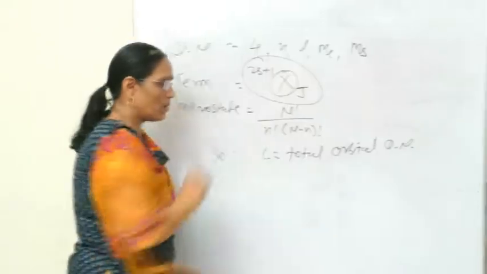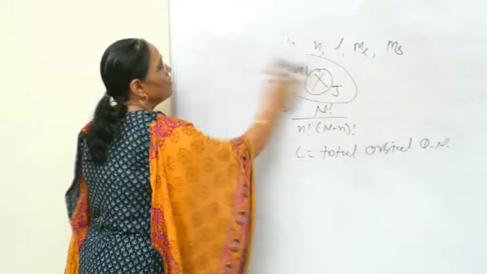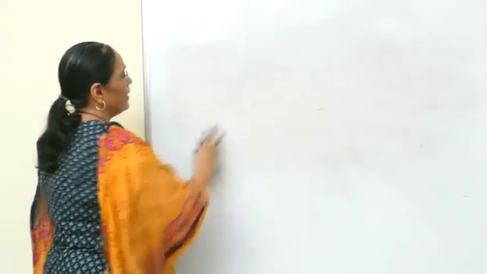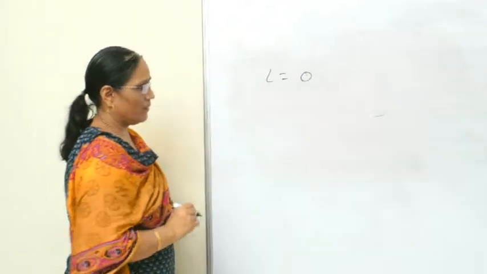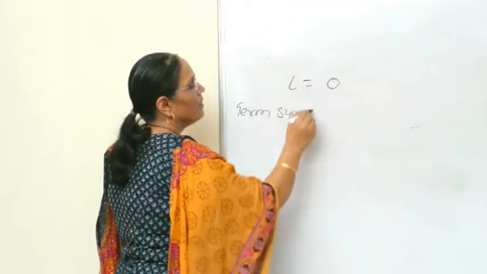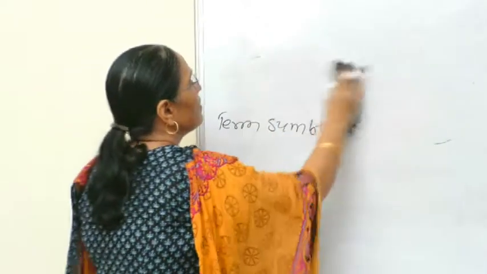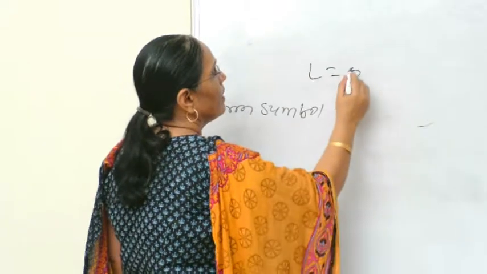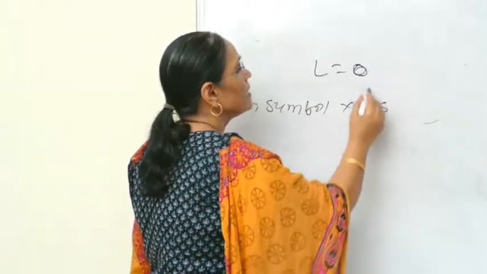Let us see what the term symbols are for different L values. When L is equal to 0, the term symbol will be S.